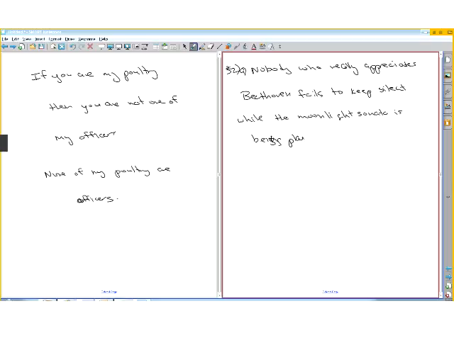So what we're doing here is we have to write that as an if-then statement. Nobody who really appreciates Beethoven fails to keep silent while the Moonlight Sonata is being played. Fails to keep silent. Okay.